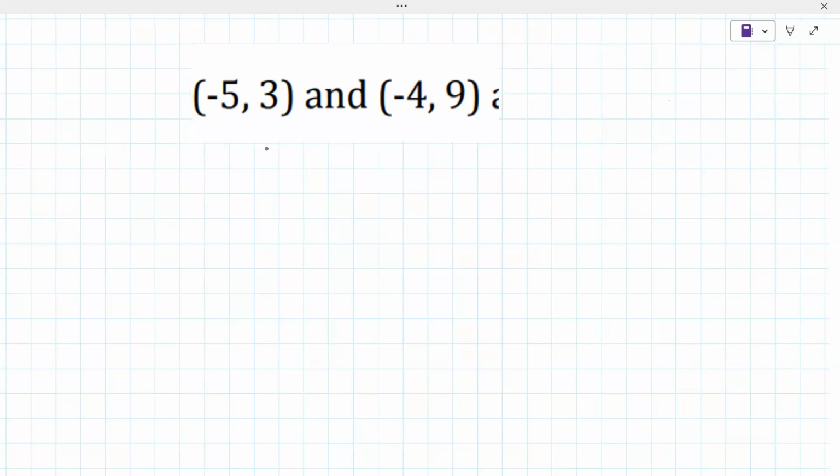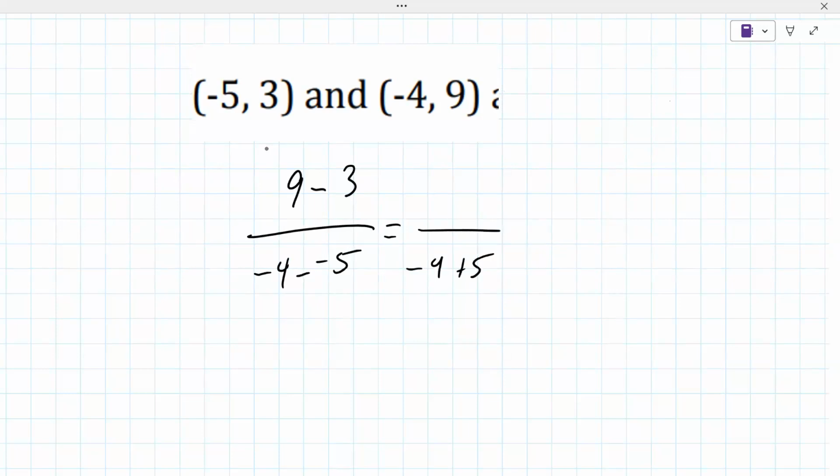Does that reduce? That does reduce to negative 2/3. Okay. So 9 minus 3 over negative 4 minus a negative 5. Is that what you have written down? Yeah. Now on the bottom there, it's a double negative. It becomes negative 4 plus 5. So that would be one.